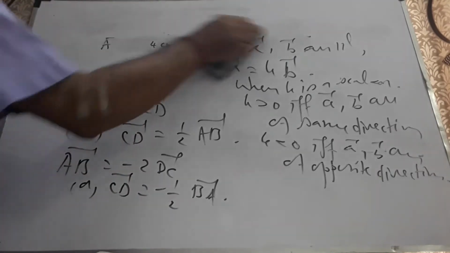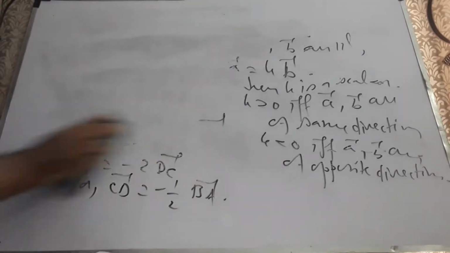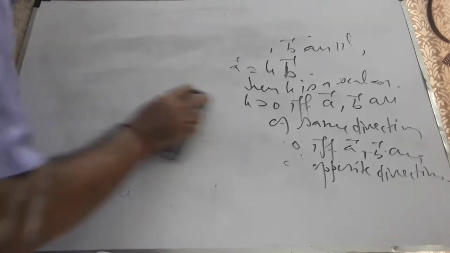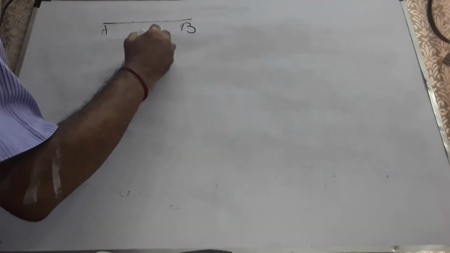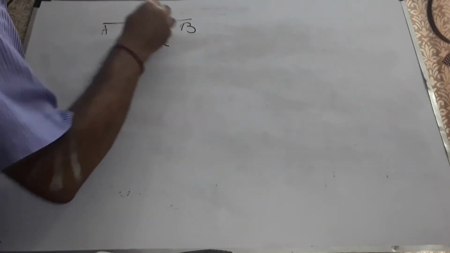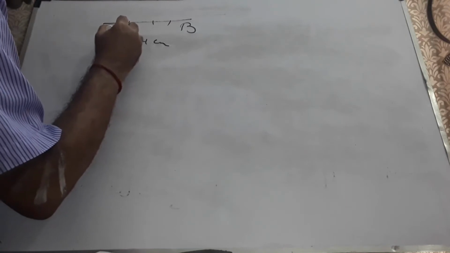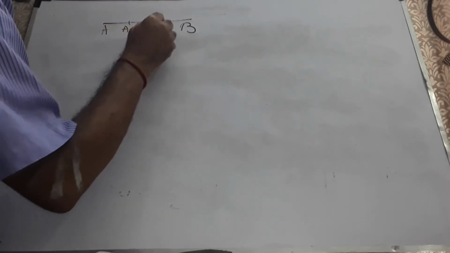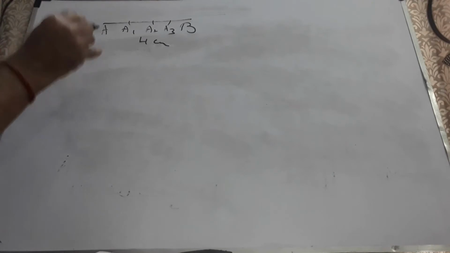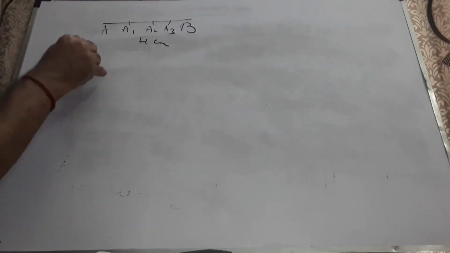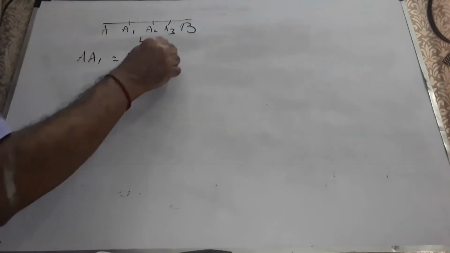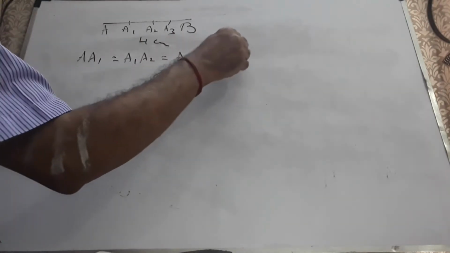Therefore, the condition for two vectors to be parallel. How to think about it? We have just now seen it by an example and a generalization. Just imagine you are given AB of length, let us say, 4 centimeters. I'll be able to think about some points over here: A1, A2, A3 in between them, such that AA1 is equal to A1A2 is equal to A2A3 is equal to A3B.